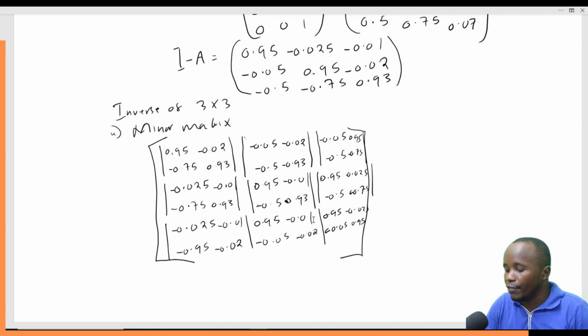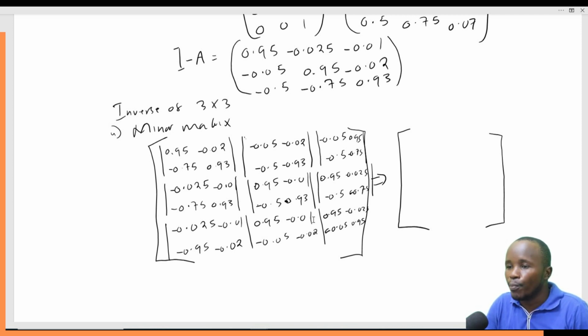The next step after here is for you to find the determinant of those minor matrices. How do you find the determinant? You get the product of the main diagonal, subtract the product of the other diagonal.